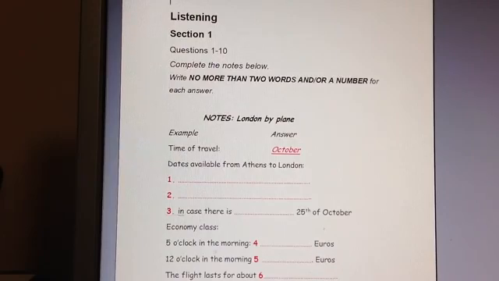The flight lasts for about 45 minutes, 2 hours, 4 hours, but we expect to hear time, a duration, so it's going to be a number and minutes or hours, or both, 2 hours and 45 minutes, for example.